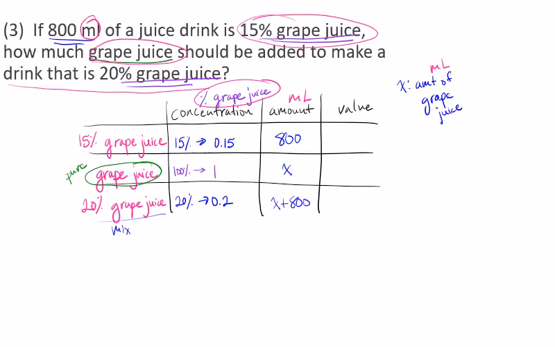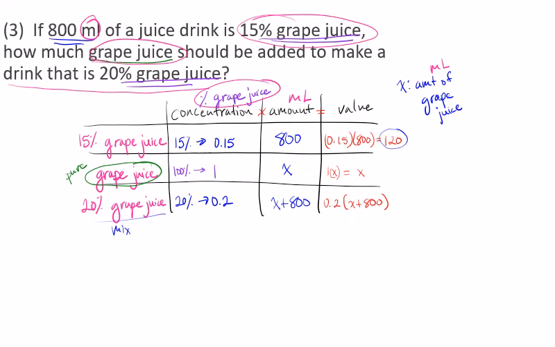Okay, all right, and so now we can multiply across to get our value column. I'm going to skip ahead to that, so go ahead and do that. All right, so we multiplied across, and we can see that the concentration times the amount equals the value, and so we have 120. That's the amount of grape juice that we have in the 15% juice, and then we have X milliliters of grape juice in pure grape juice, and then we have our mixture here.